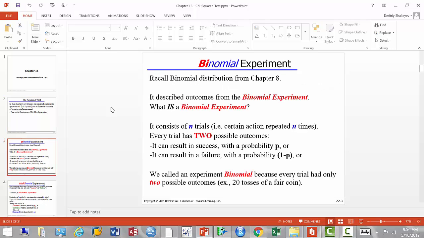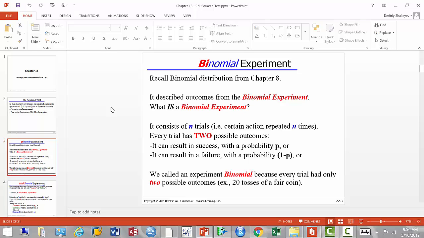Well, you remember we studied binomial not so long ago, right? We said the binomial distribution has the binomial experiment behind it. What does that mean? An experiment is some action that we repeat multiple times, right? So we set our mind, we say, I'm going to do the same thing all over again 10 times, like flipping a coin, or going outside and stopping 20 people and asking them if they're left-handed or right-handed, okay?